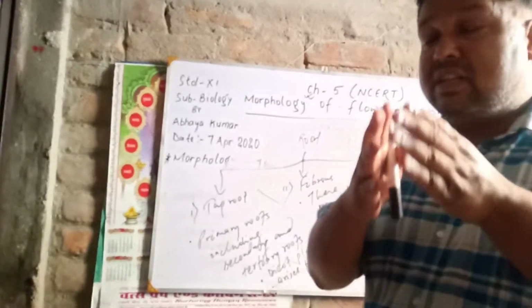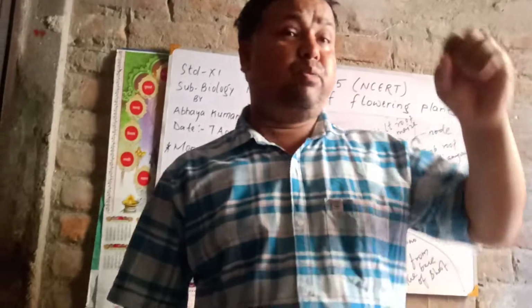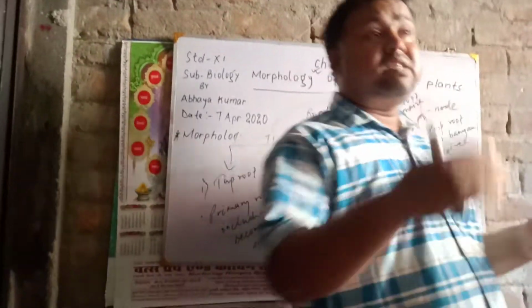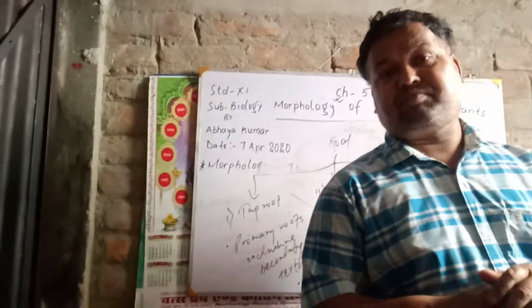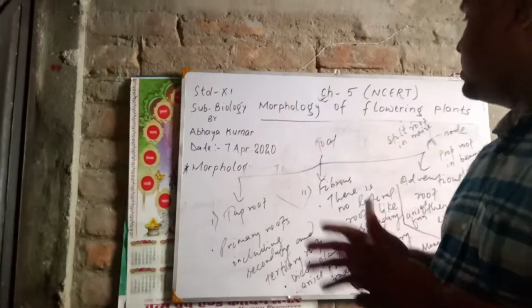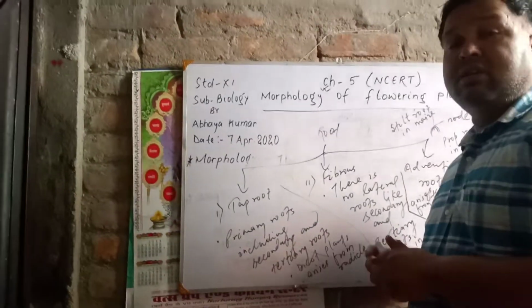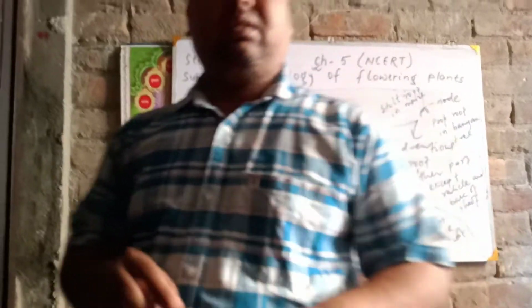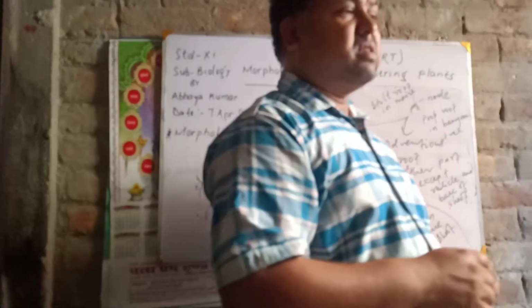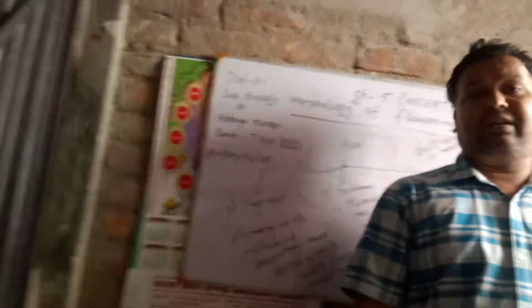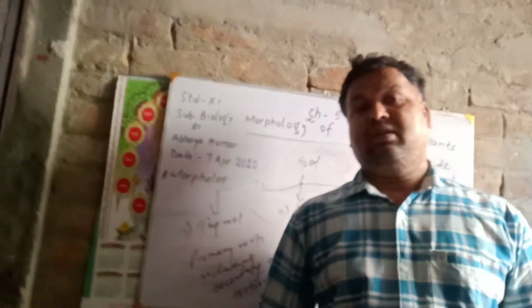There cells elongate and promote length of the root. Just above the region of elongation, there is a region of maturation. Region of maturation has a number of root hairs that absorb water and minerals from the soil.